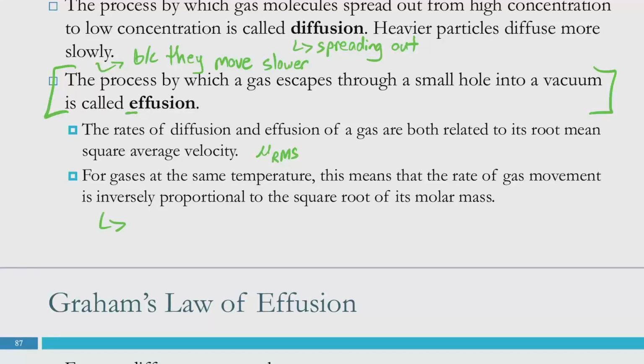So the rate of gas movement is inversely proportional to the square root of its molar mass. So high molar mass, low rate of gas movement is basically what that second point is saying. Because the high molar mass particles are going to move more slowly.